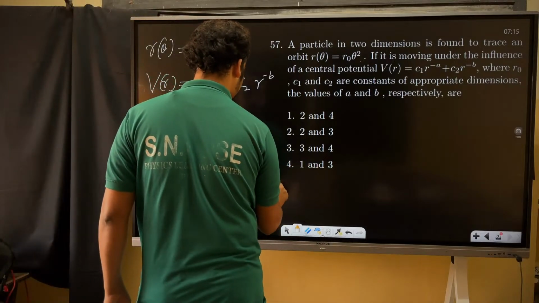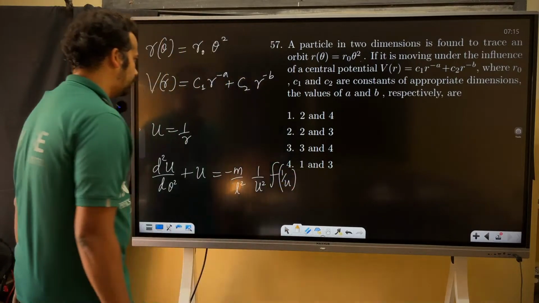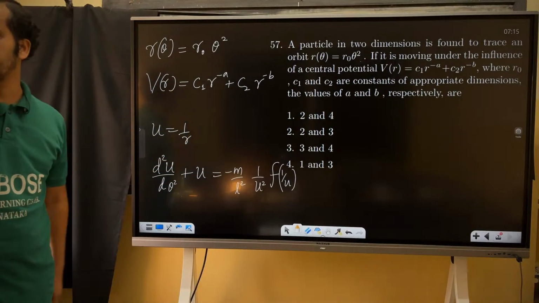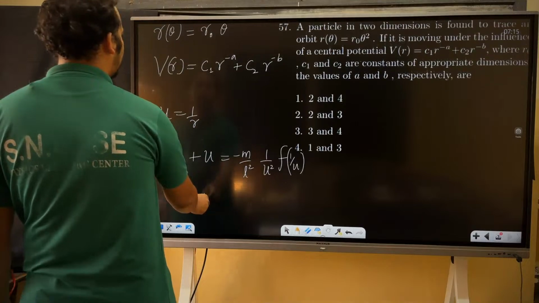That means that is f of r. From that f of r, you can find v of r. Now, what should I do?